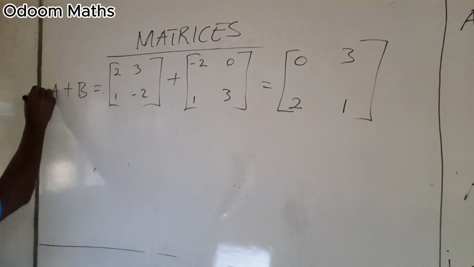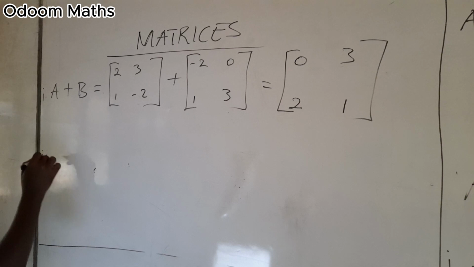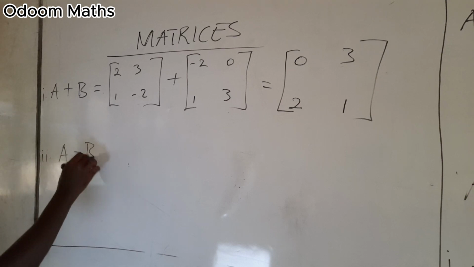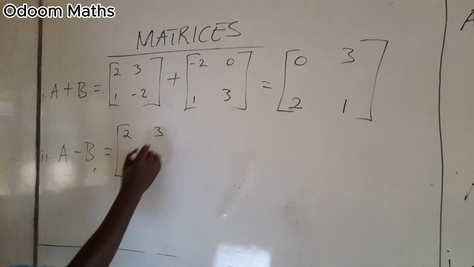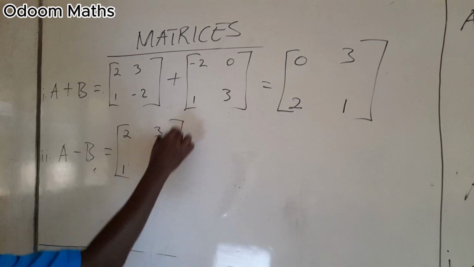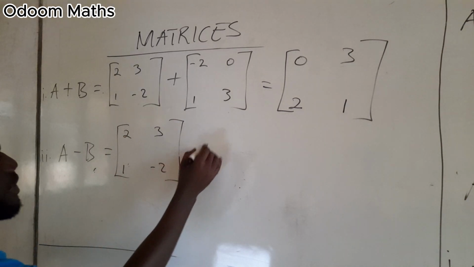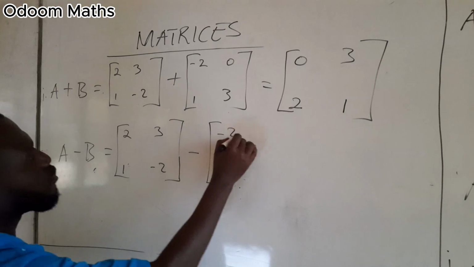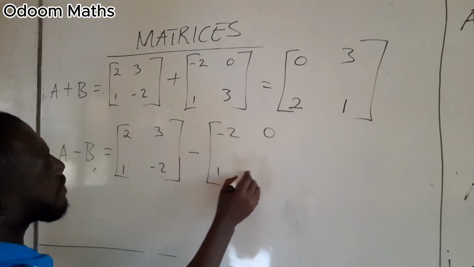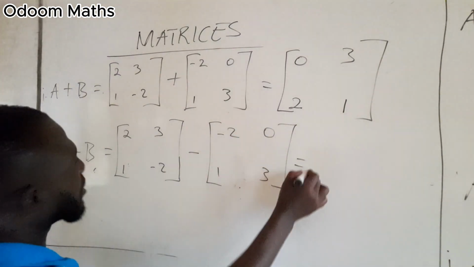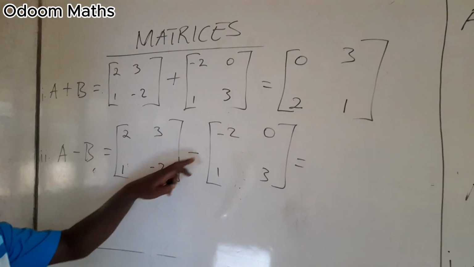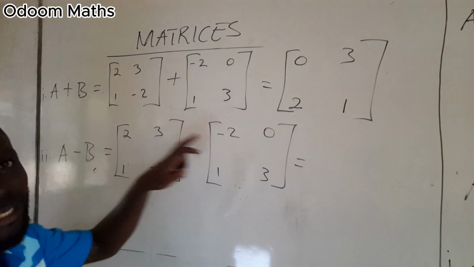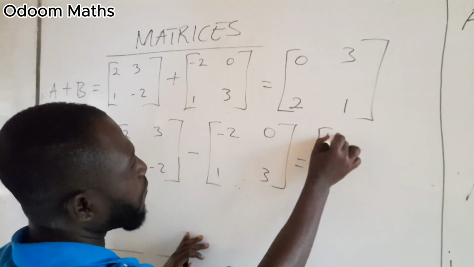Now let's subtract A and B again. So 2, 3, 1, 2 minus negative 2, 0, 1, 3. Like I did earlier, 2 minus negative 2 is like 2 plus 2, so that is going to give me 4.